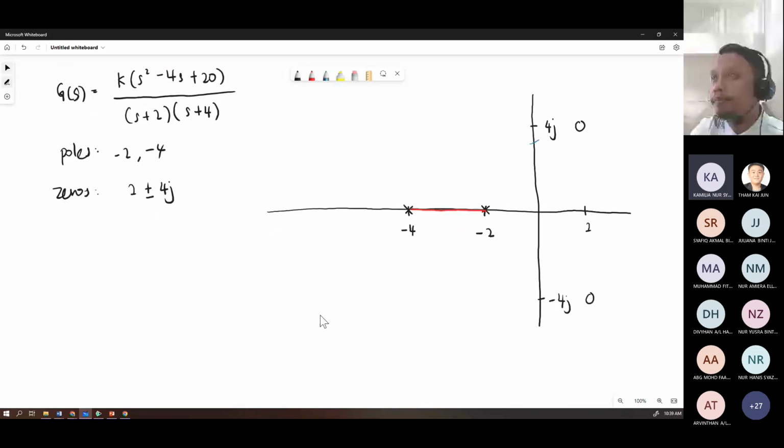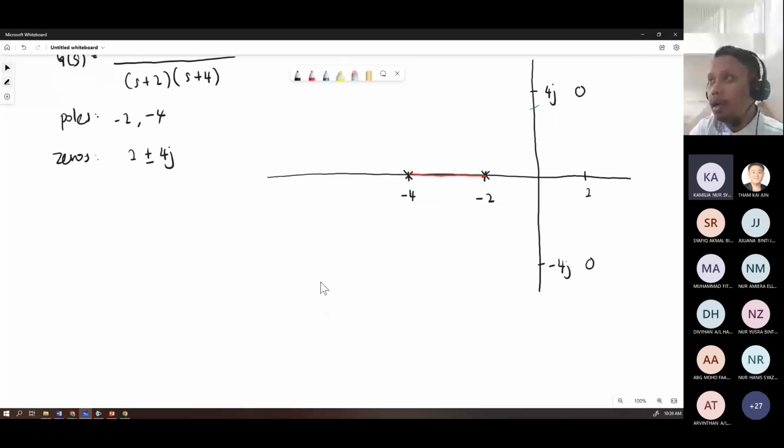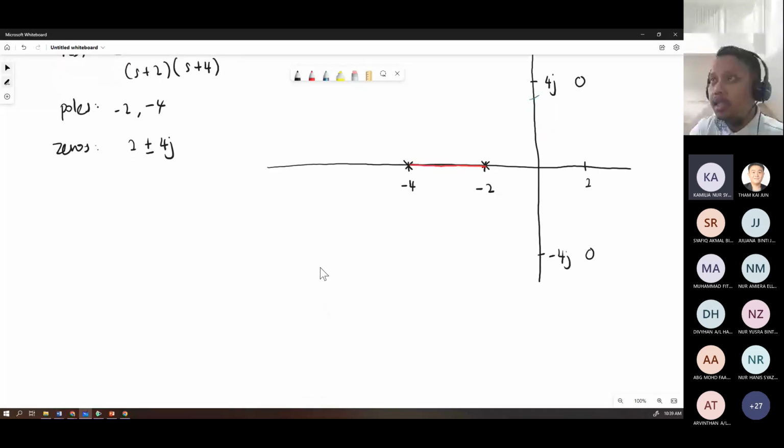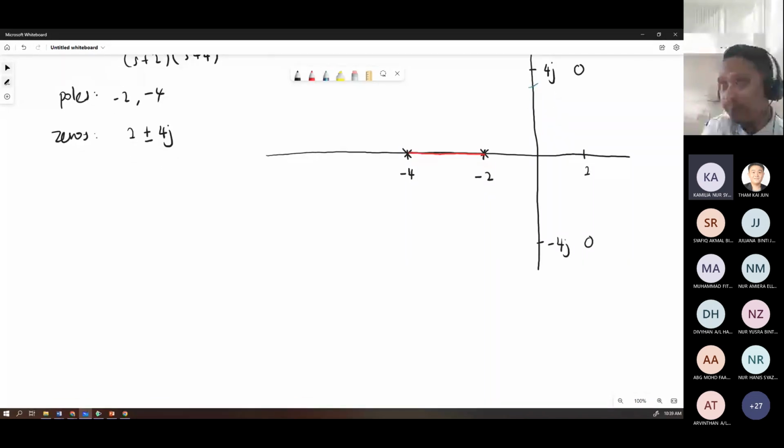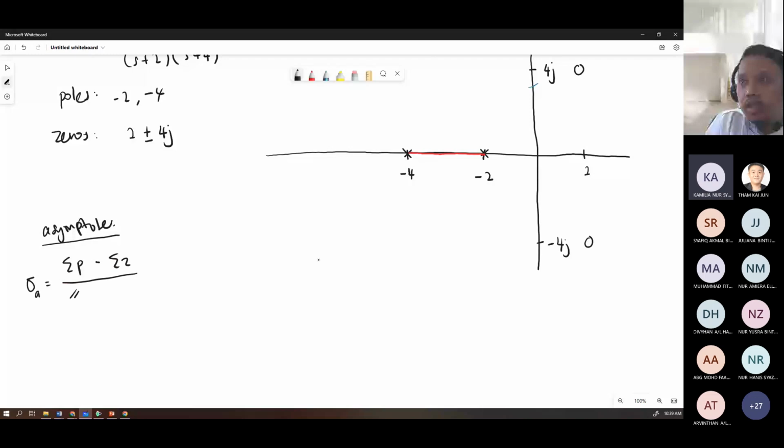Now we can determine the asymptote. The real axis intercept is the sum of poles minus the sum of zeros divided by the number of poles minus the number of zeros. From this equation, we have two poles and two zeros.